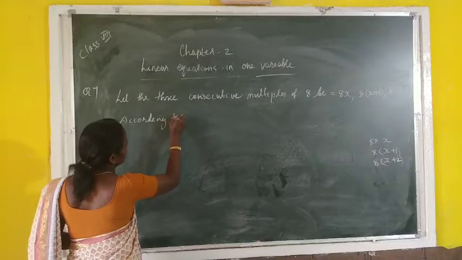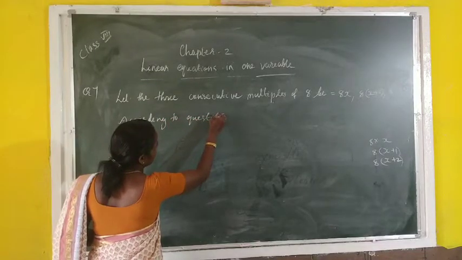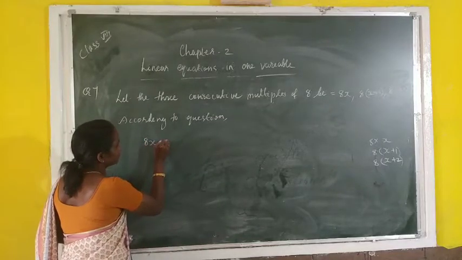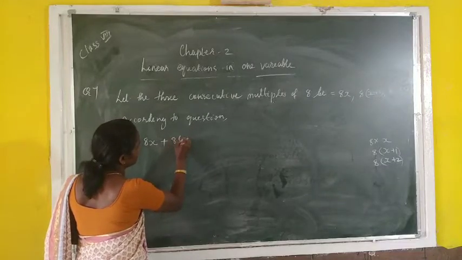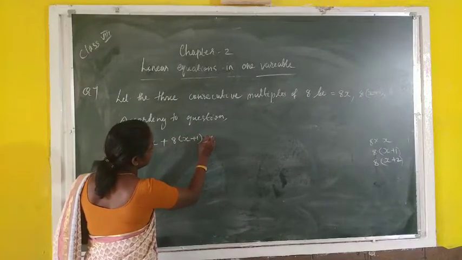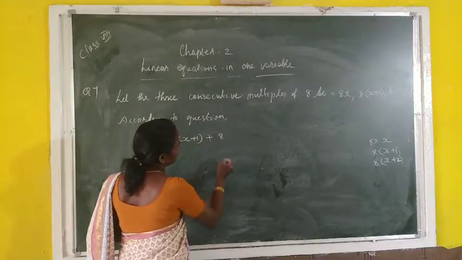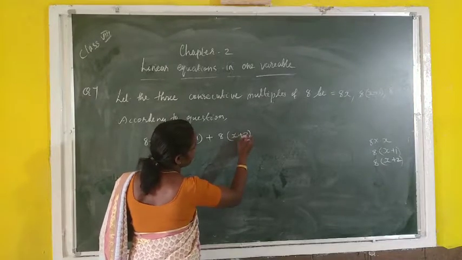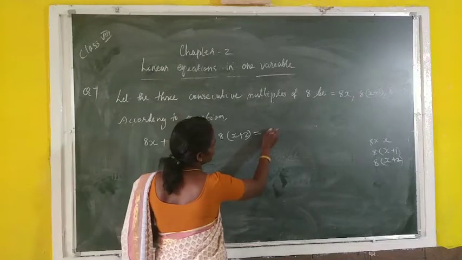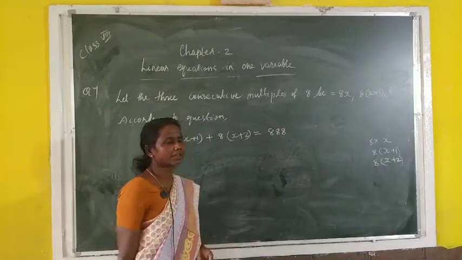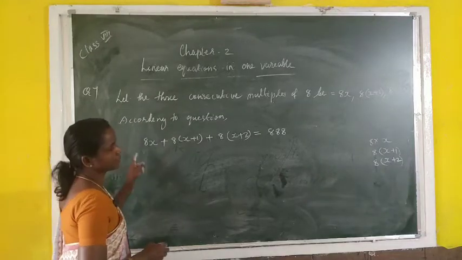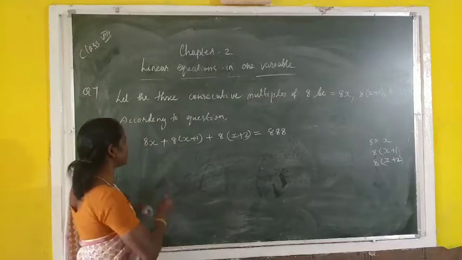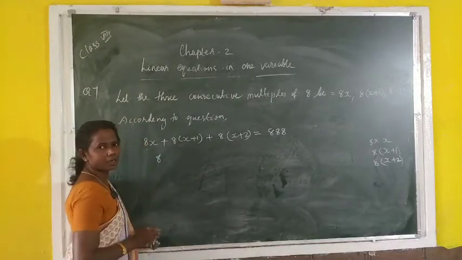Then we can write its equation. According to the question, its sum is 8x plus 8 into x plus 1 plus 8 into x plus 2 is equal to 888. Listen here, look, which number is common here? 8 is the common number. So this common number we can write outside the bracket.